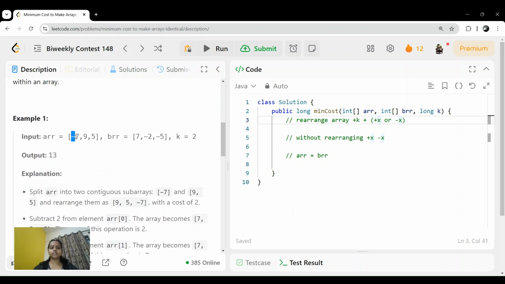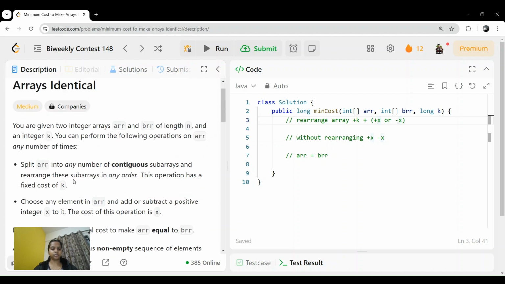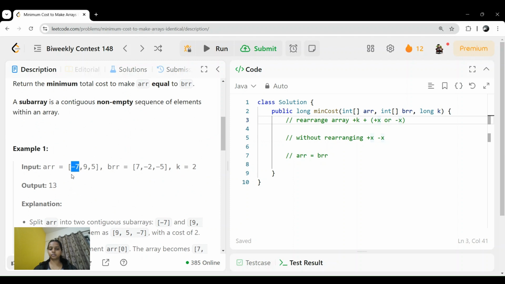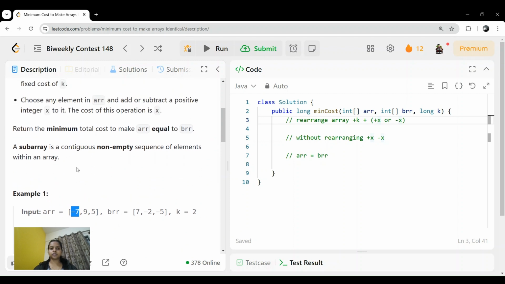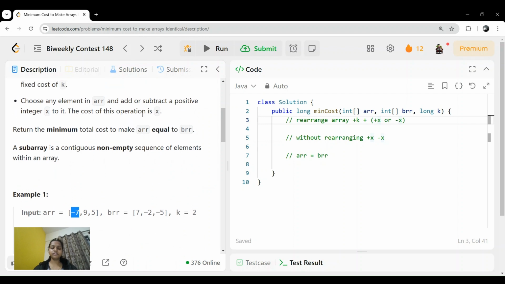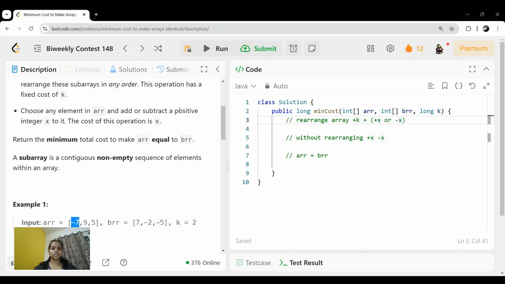And let's say the difference is minus 7, to make this again 7, we have to take the absolute value. Why am I saying absolute value? Because we can add or subtract x.